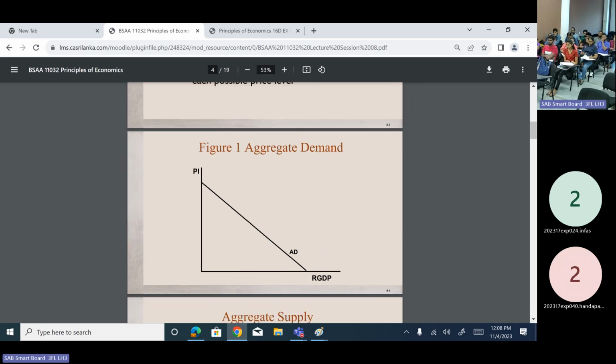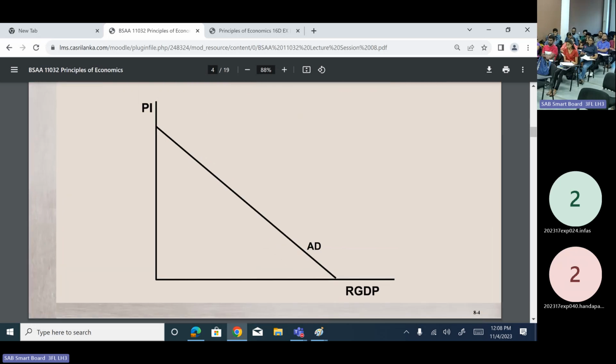Aggregate demand, of course, is the same as the demand diagram for a product, downward sloping. But what changes in this diagram? The two axes.